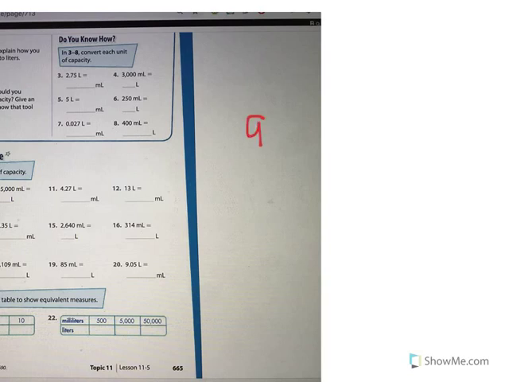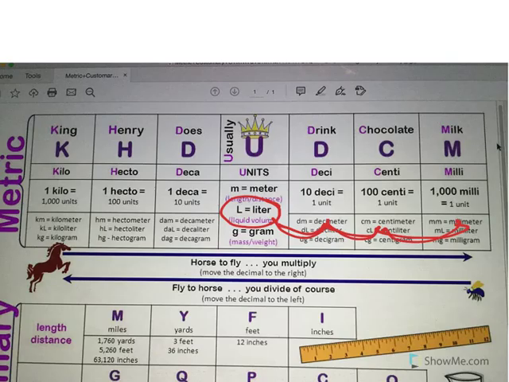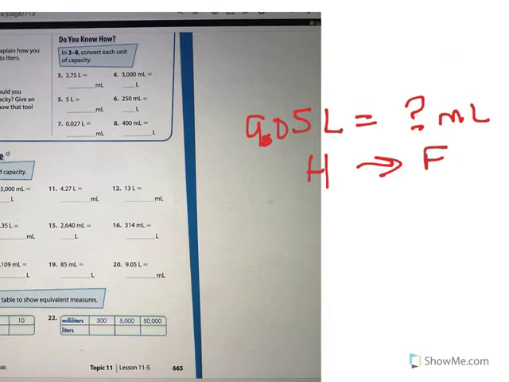Okay, so we're going to go from 9.05 liters to how many milliliters? Which one's bigger? Well, liters are definitely my horse to fly, so I have to multiply. How many? Well, if I don't know by now, I could look at my chart, and that goes deci, centi, milli. That's 3 smiley faces. Let me do that again: 1, 2, 3, or 10 times 10 times 10, which is 1,000.